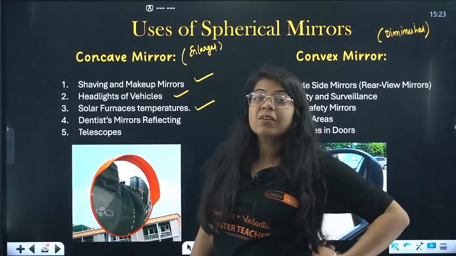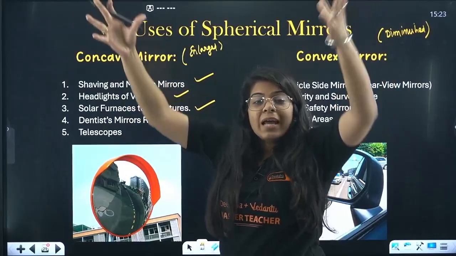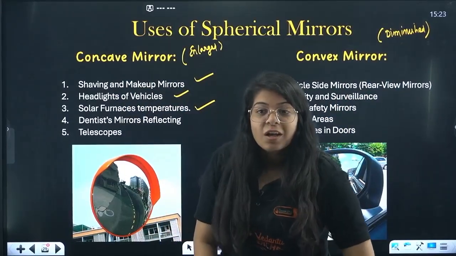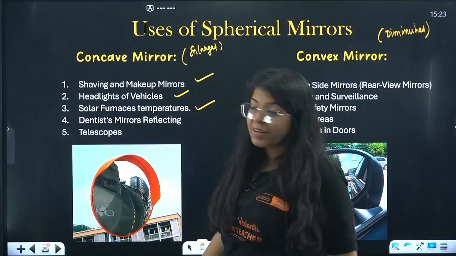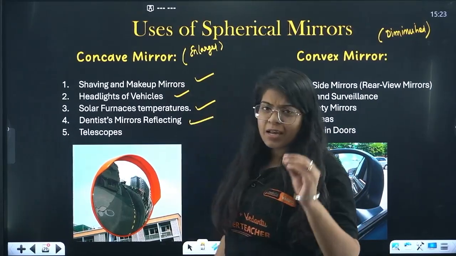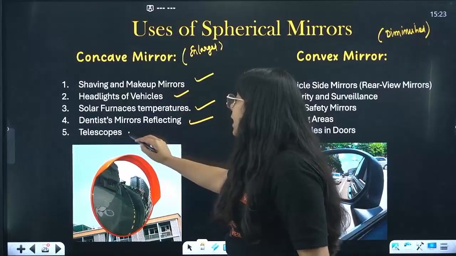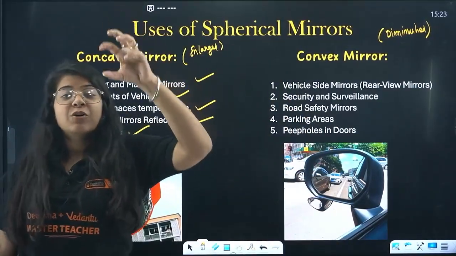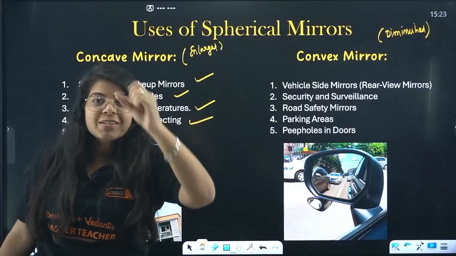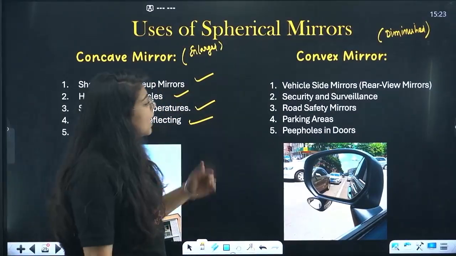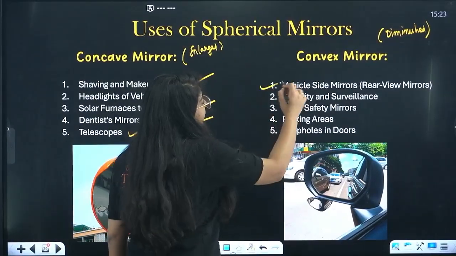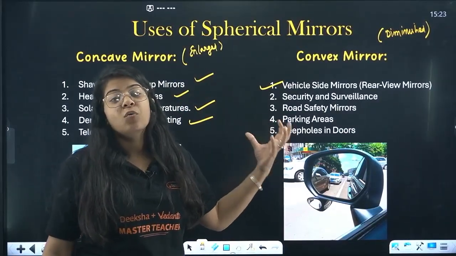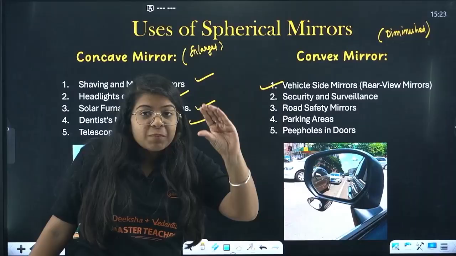Then we have solar furnaces. Now concave mirror is converging mirror. We want to gather all the light from sun and focus it on a point so that it cooks our food, right? So that is your solar furnace. Then dental mirror, again we need enlarged image, and telescopes to gather the light from far away star and to focus it on the principal focus, right? Then beta we have convex mirror, side view mirrors. On our vehicles, on our cars, we have side view mirrors. Now this convex mirror diminishes the image.